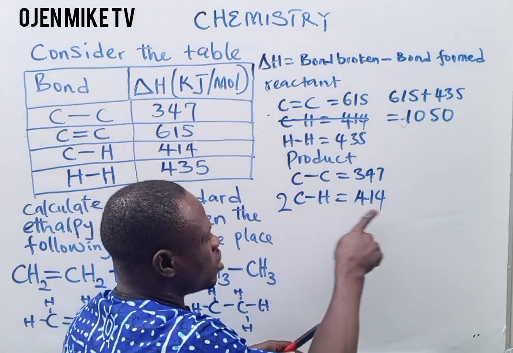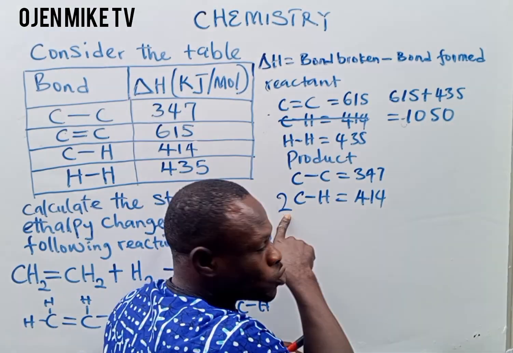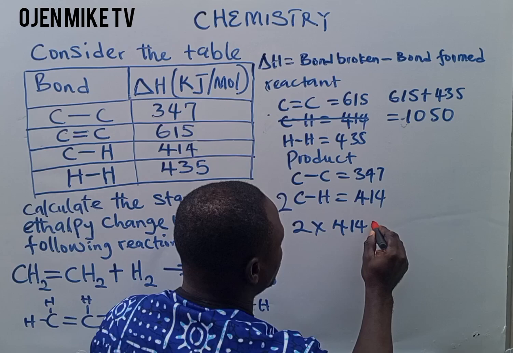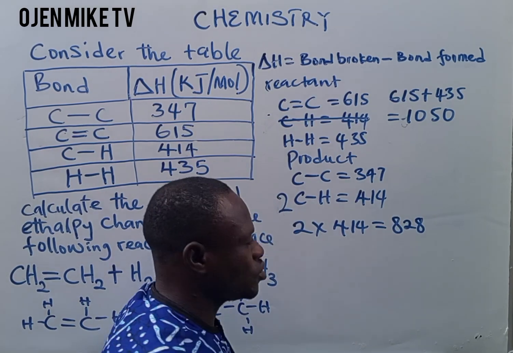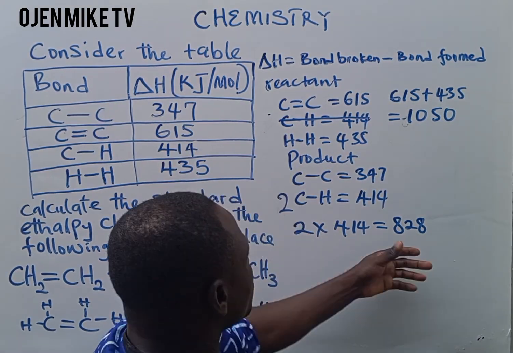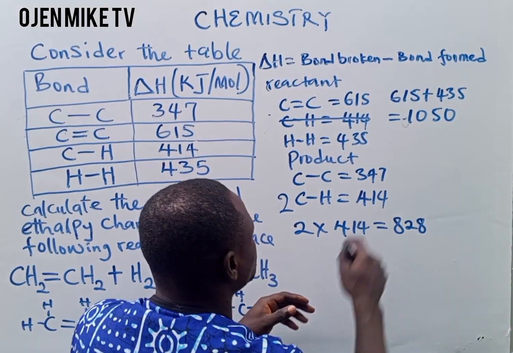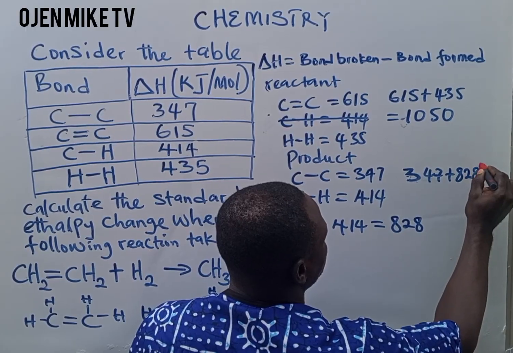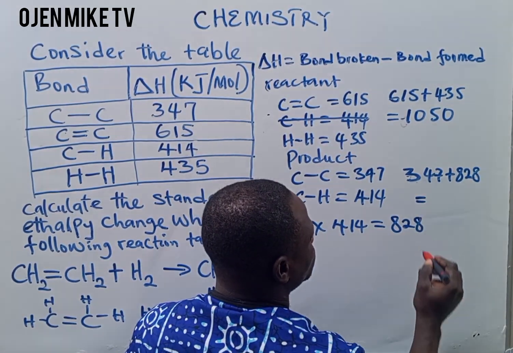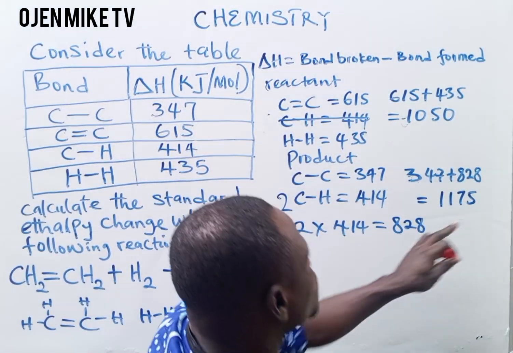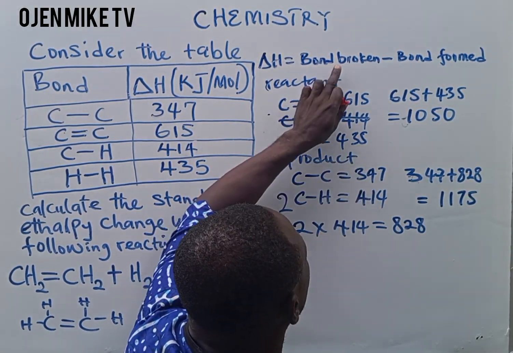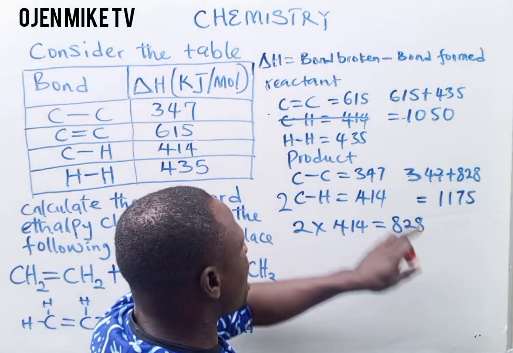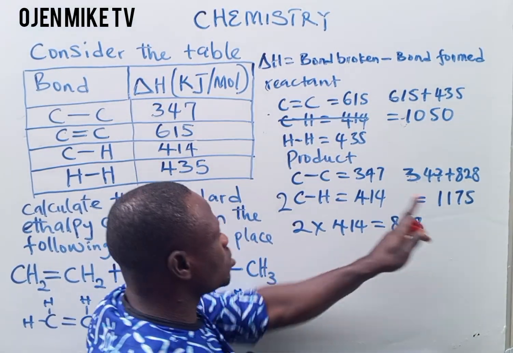Remember this one has 2, so you multiply by 2 first: 2 times 414 gives 828. Now add this one: 347 plus 828 gives 1175. Remember, the 1050 is bonds broken, that is the reactant, and the 1175 is bonds formed.